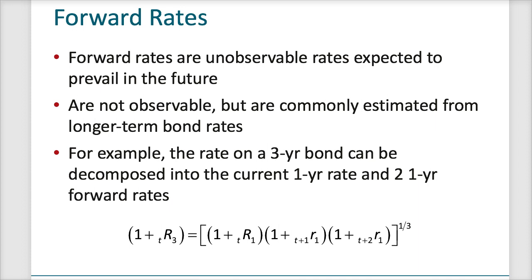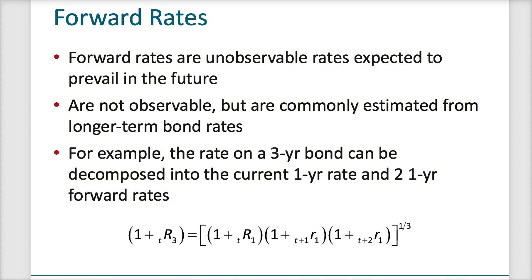Because they're not observable, they have to be estimated from longer term bonds. Using the formula below, we can estimate what the forward rates would be based on information we currently have today. For example, the rate on a 3-year bond is an average of the current 1-year rate and the expected forward rates over the next 2 years. The same principle holds for any number of periods.